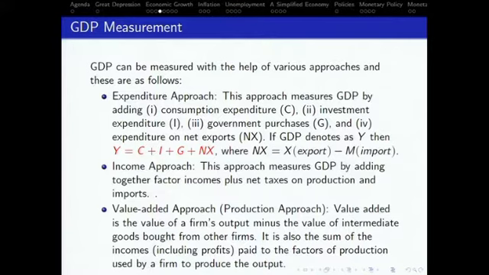One of the popular measures of GDP is called the expenditure approach. Now, here's the problem. When we say the value of final goods and services, how do I measure the value of final goods and services?